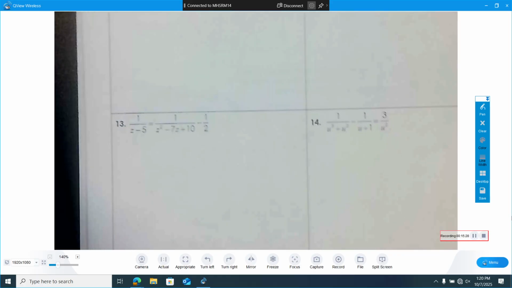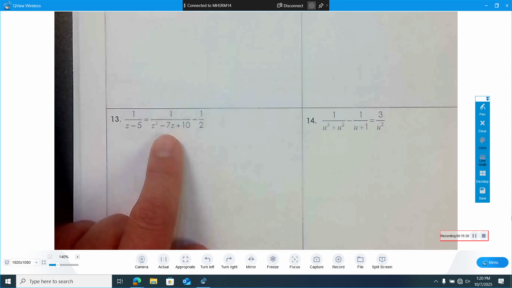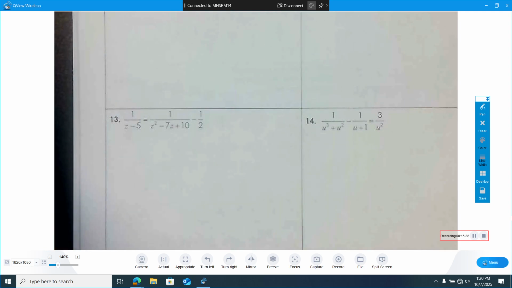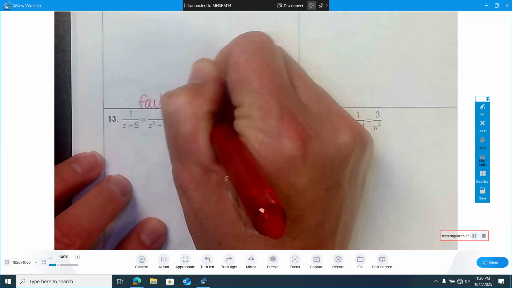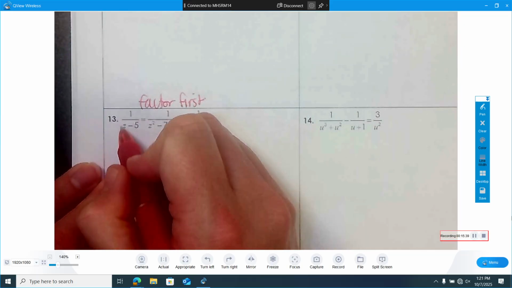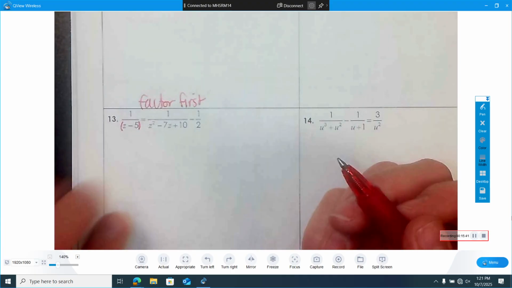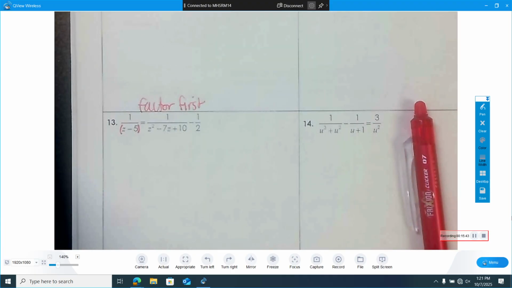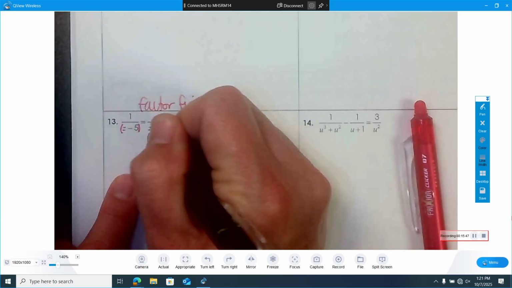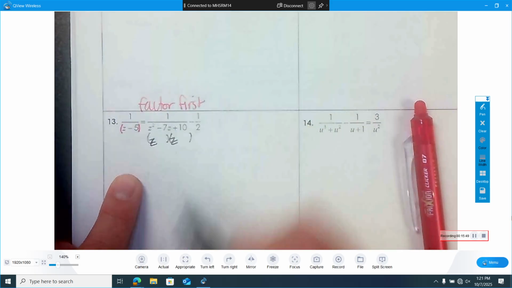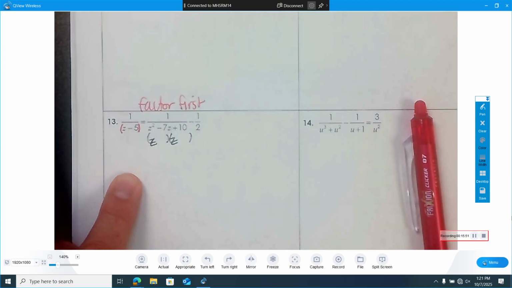All right, 13. I have a trinomial. What are we going to do first? Factor first. All right, z minus 5 is already a factor. But this trinomial, I think I can double bubble that. Z times z is z squared. What times what gets me a positive 10?